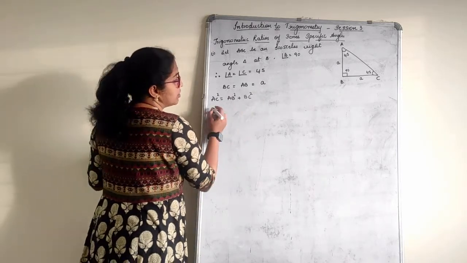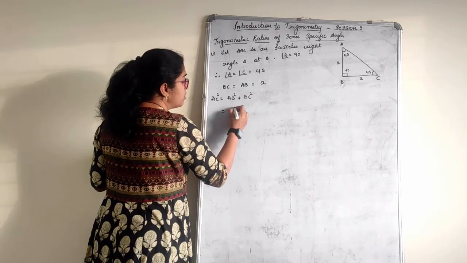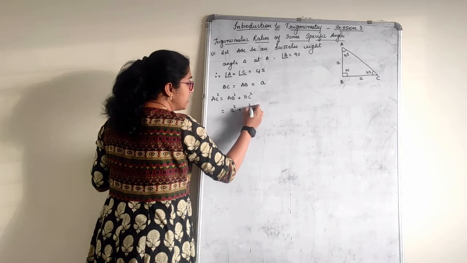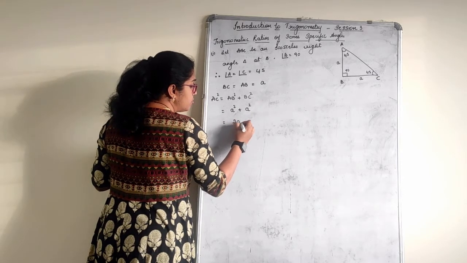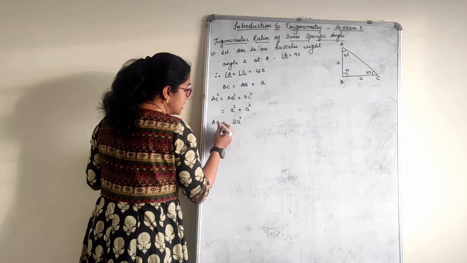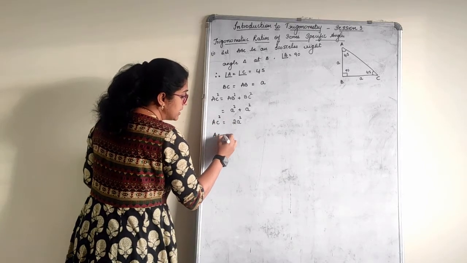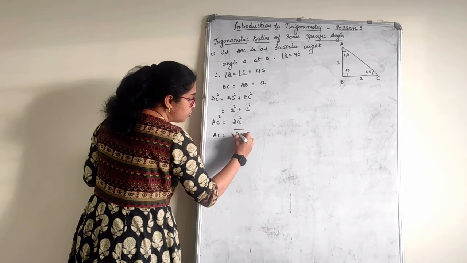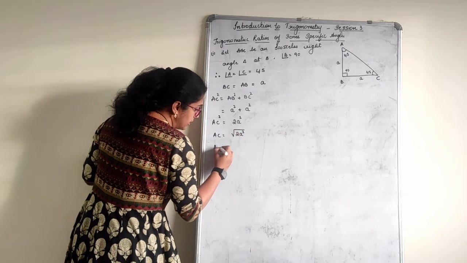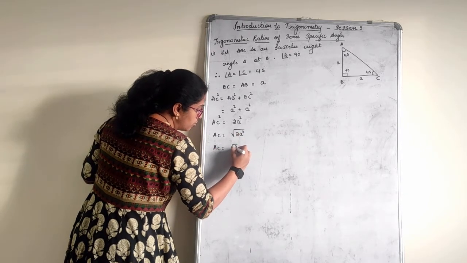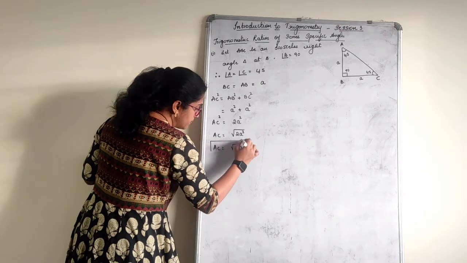What is AC square? a square plus a square, that is 2a square. AC is equal to root 2a square, and AC is equal to root 2 a.